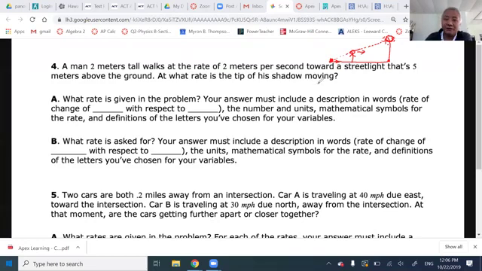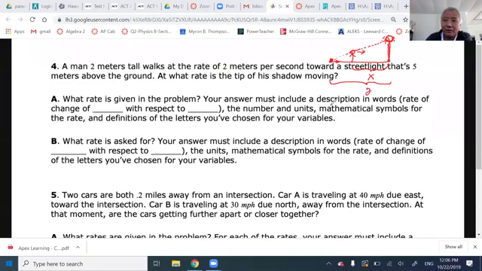Okay, so let's look at the first question. What rate is given in this problem? For example, I assume this part to here is considered x, and the distance between the tip of the shadow and the street light is y.